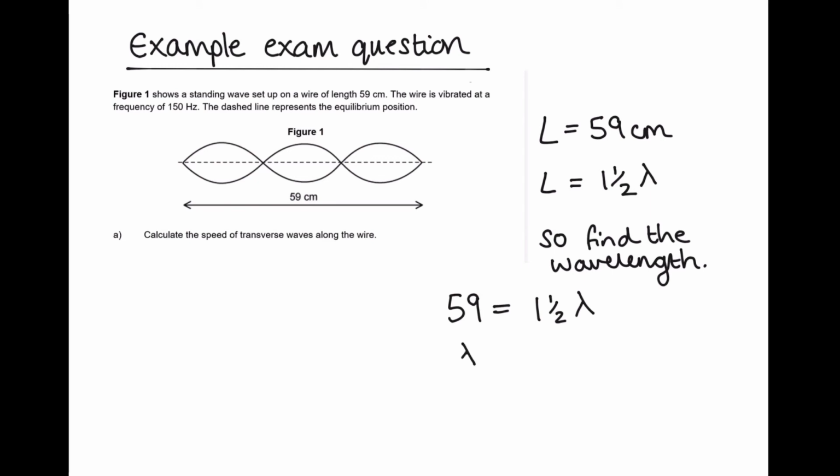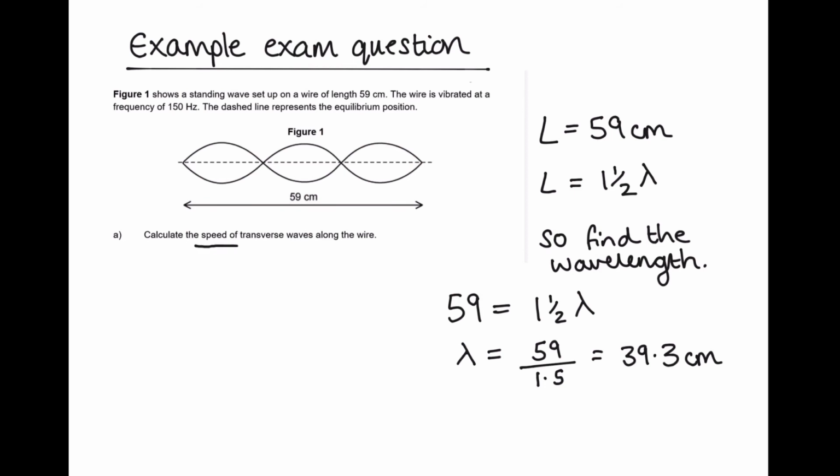So if you rearrange that, the wavelength is going to equal 59 divided by 1.5. Putting those numbers into your calculator, you get 39.3 centimetres. Remember, this is in centimetres because I put the 59 in before in centimetres.